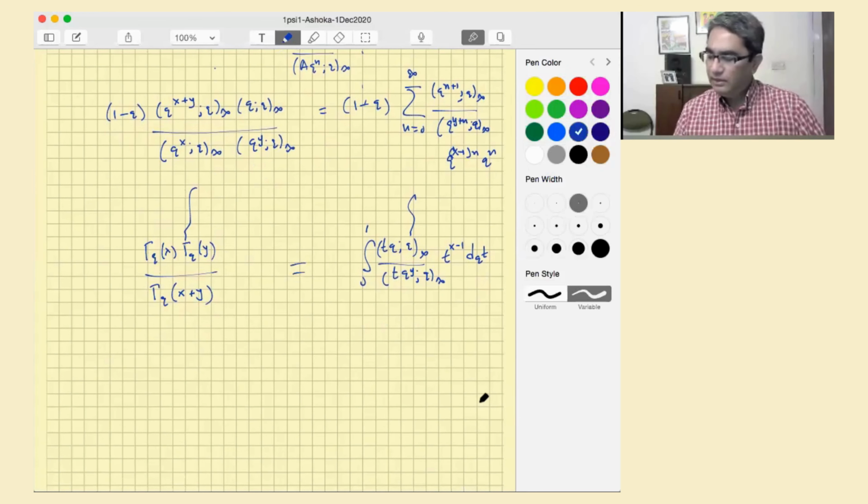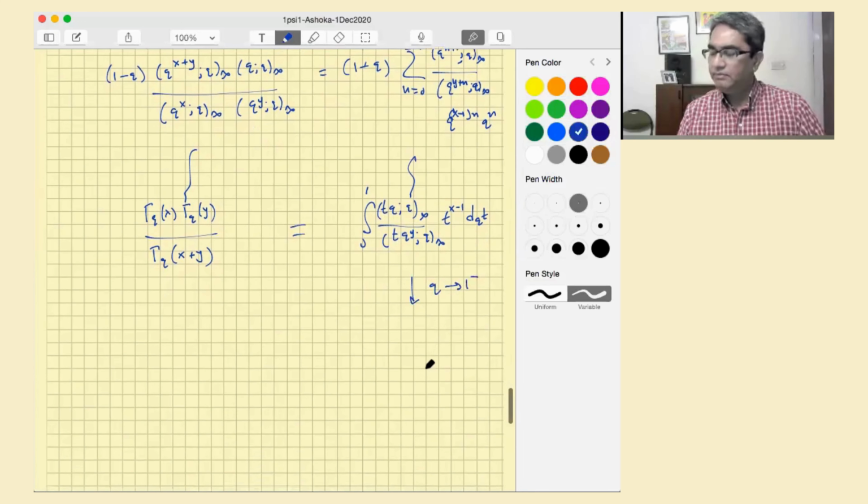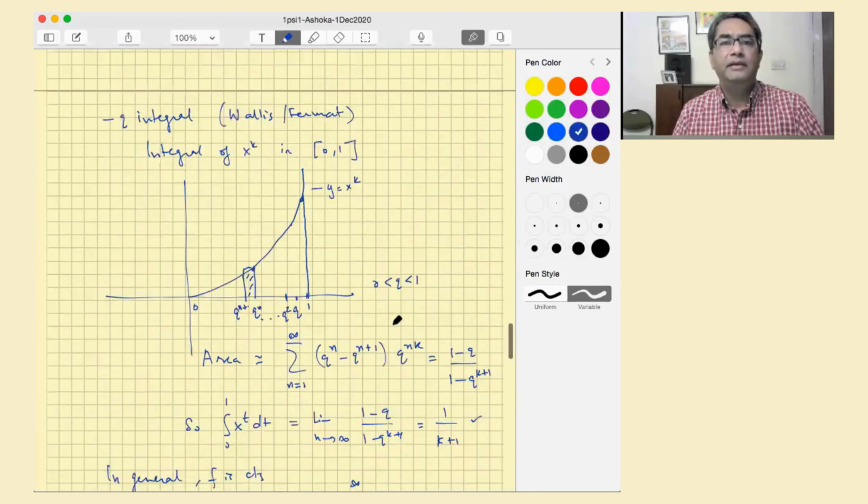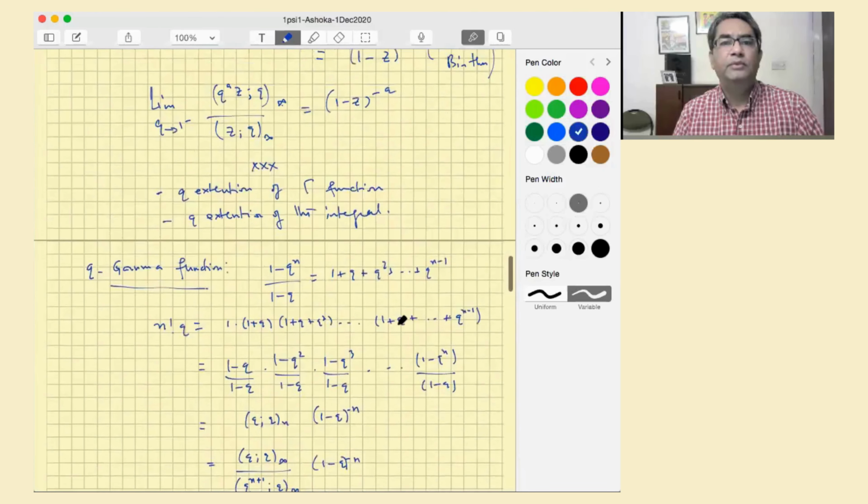So these two are equal, and as q goes to 1, this part, by using our previous limit, so I just took a limit here in the q binomial theorem.